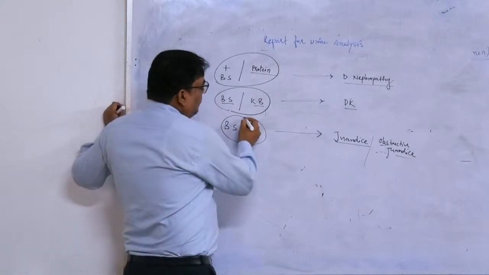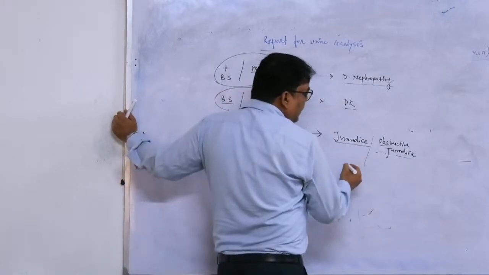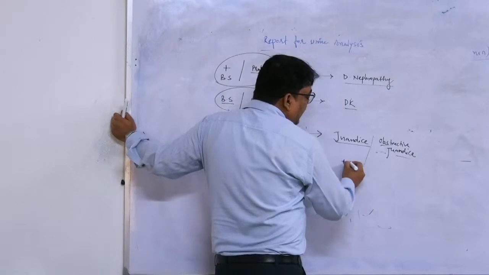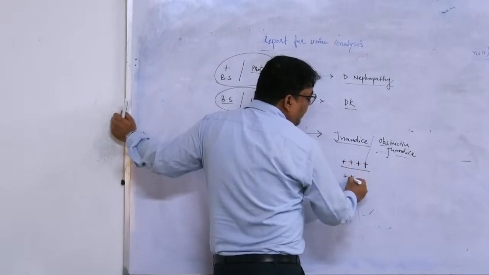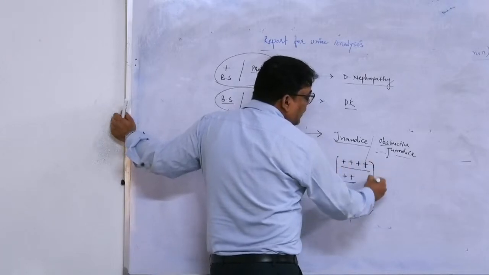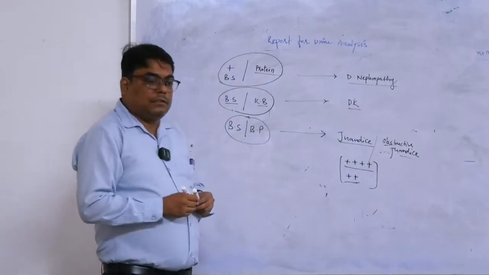You already know that proteins and blood sugar are represented this way: tetra positive, double positive. That shows the concentration in the urine sample.